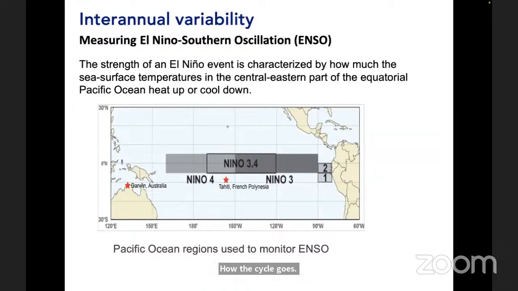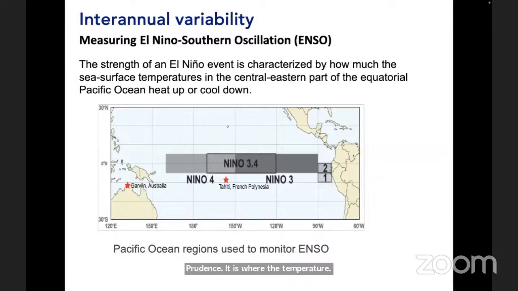So when we say El Nino, we measure the temperature. Again, you can see the Peru coast, this is South America. There are different regions of El Nino. You see box 1, box 2, box 3 here, box 4 here. Normally this box here, the 3.4, which is an intersection of box 4 and box 3, is where the temperature measurement is taken.